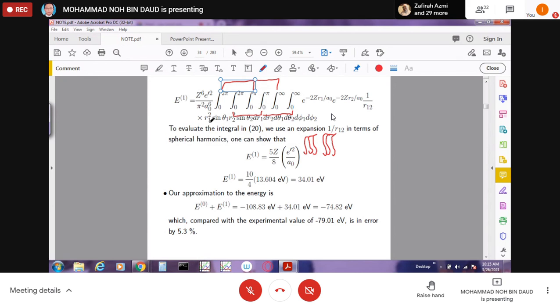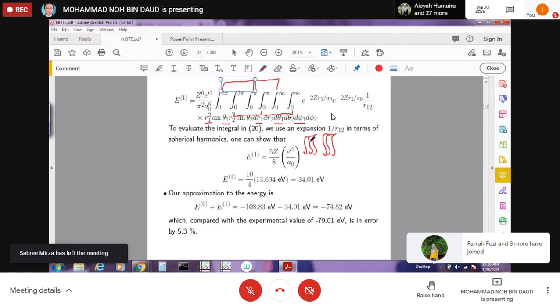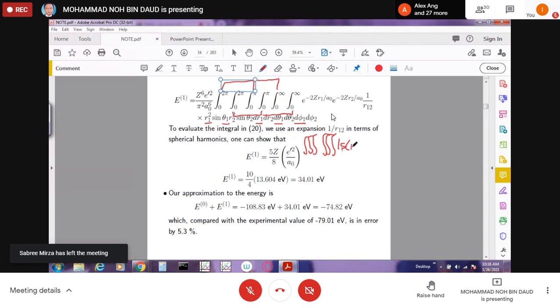You can prove this using the Jacobian, which you learned in mathematics. This is electron 1. We have these triple integrals. So basically, this is what we are going to solve.